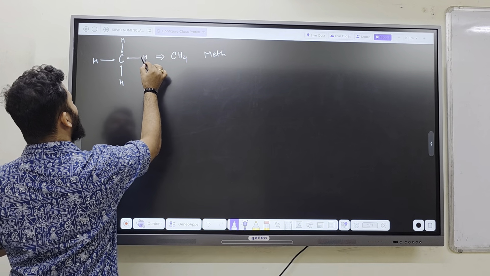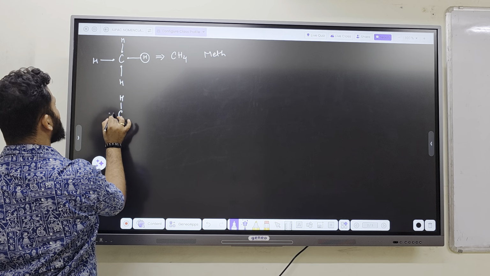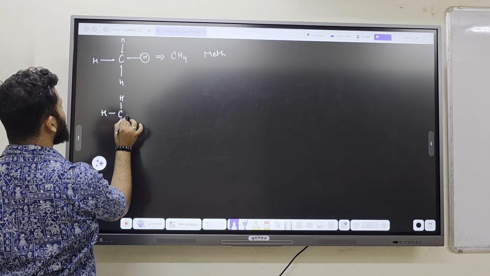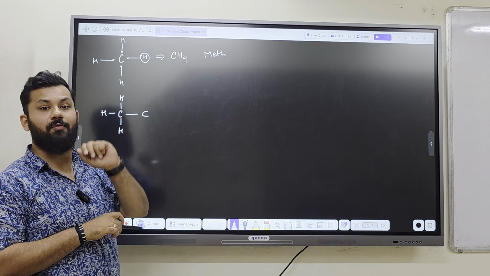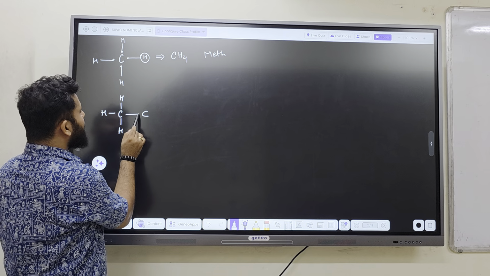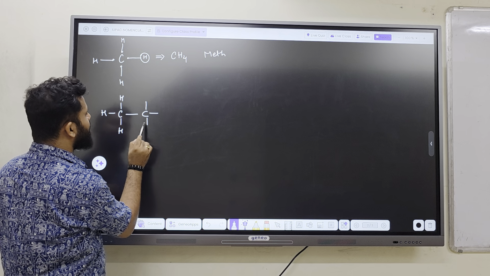Now, instead of bonding with hydrogen, this carbon could have bonded with one more carbon. All I did is remove one hydrogen and replace it with carbon. Now the carbon has 4 valency. This one valency is satisfied, 3 valencies will remain. Total 4 valencies.